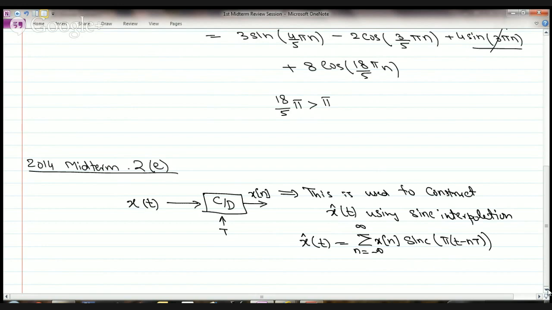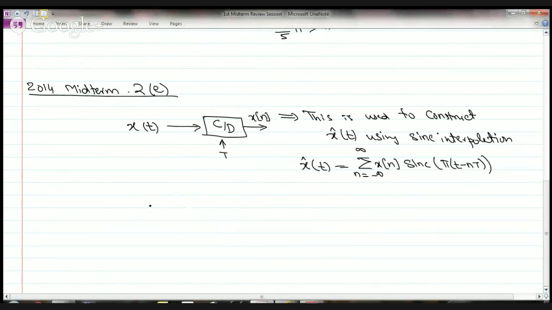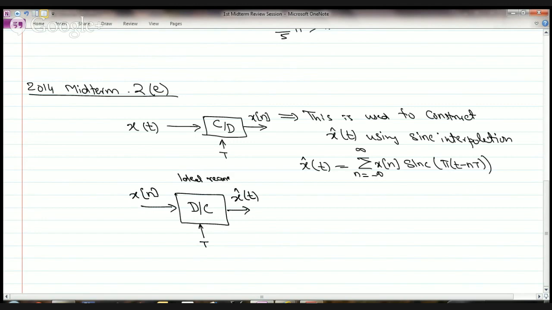This is just a code word for saying that you are taking your sequence x of n and passing it through a discrete to continuous converter to get x hat of t, and the discrete to continuous converter is made up of an ideal reconstruction filter.